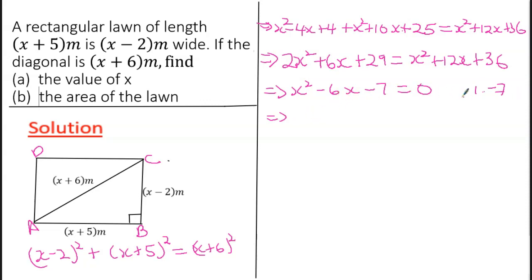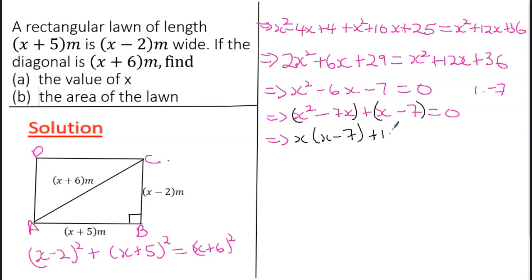We break the middle term into these factors, which implies x squared minus 7x plus x minus 7 equal to 0. So we can group them. The common factor here is x minus 7, so we have x minus 7 plus 1, x minus 7 equal to 0.